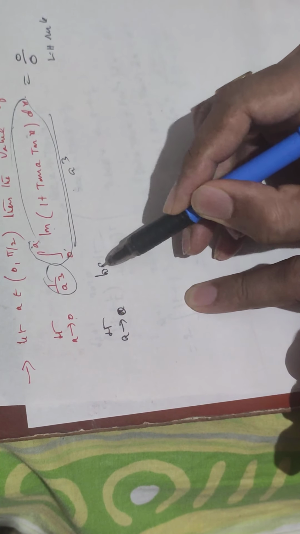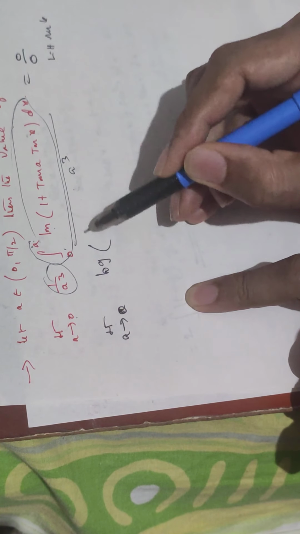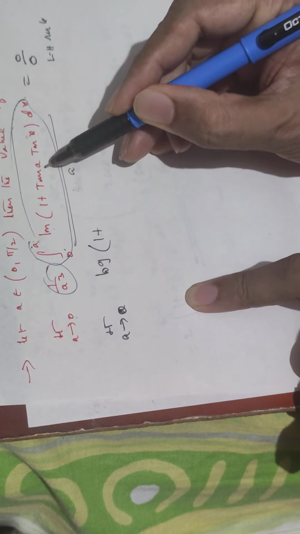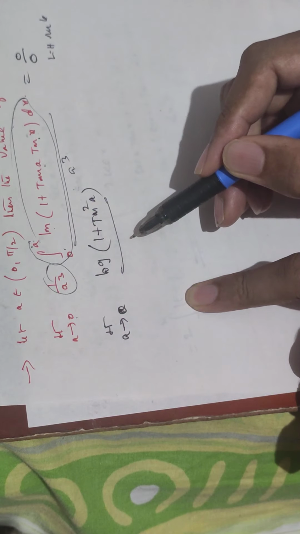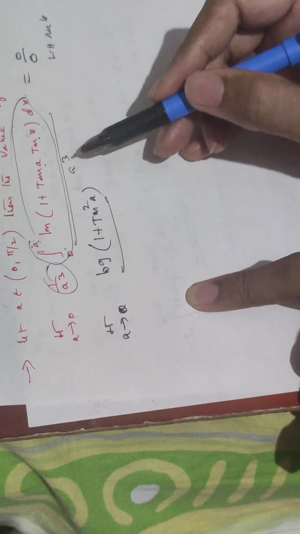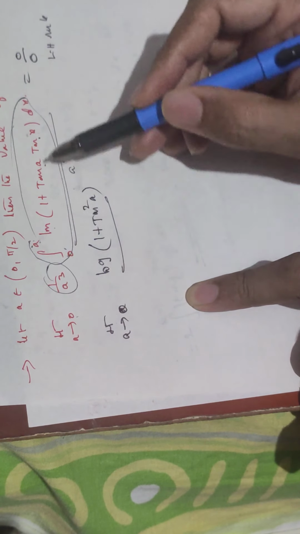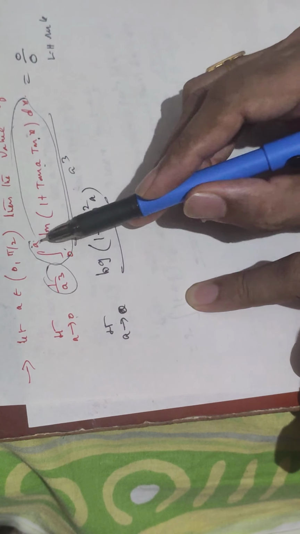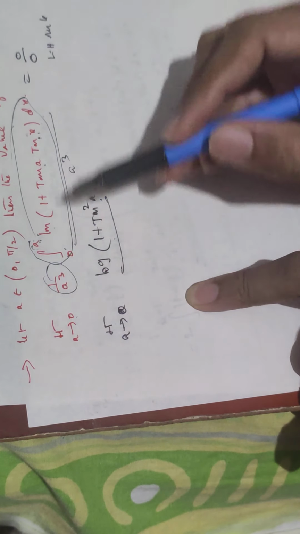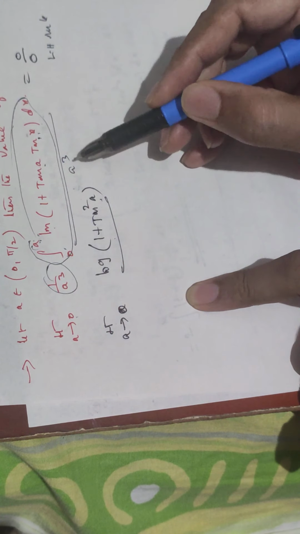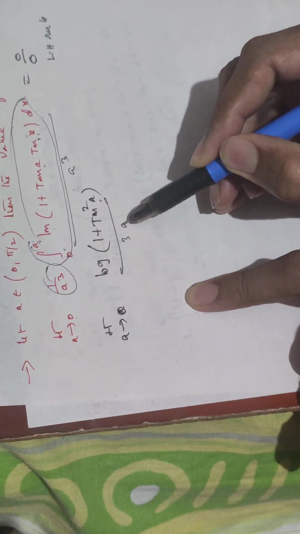It will be ln of 1 plus tan a into tan a, tan square a, that is the numerator. Derivative of this one means using the Leibniz theorem. In the place of x we can write a, 1 plus tan square a into derivative 1. For the lower limit value is 0, by derivative of denominator 3a square.